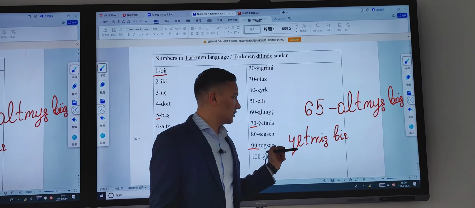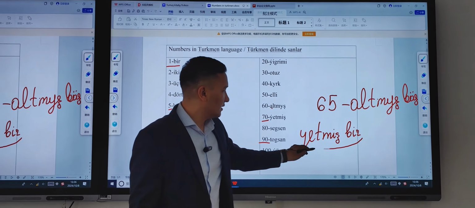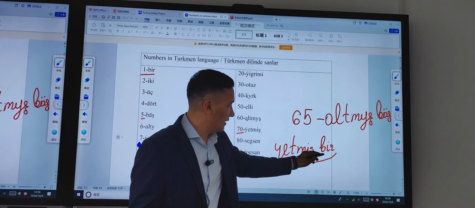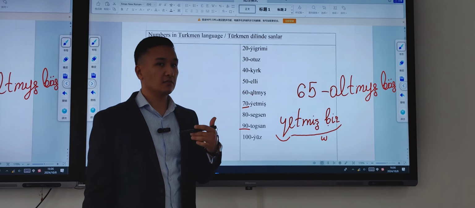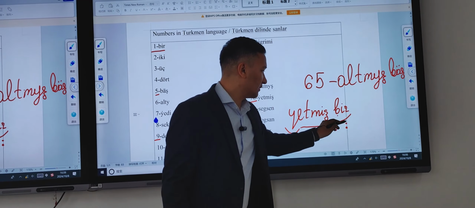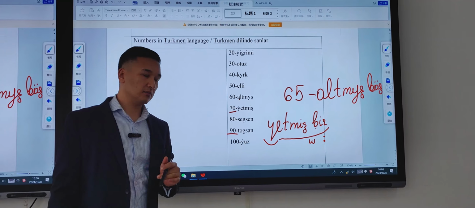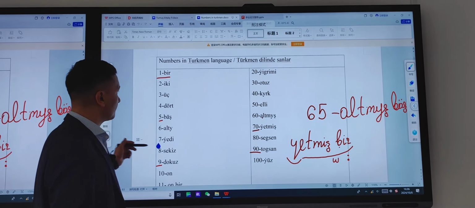But when we pronounce them, 70 and bir, it becomes one word, and this b becomes a v. And the e is a long e. Let me mark it with these dots. So this is about the numbers.